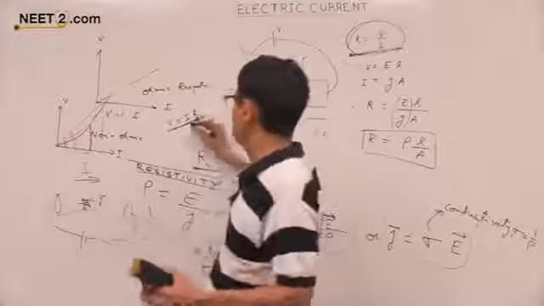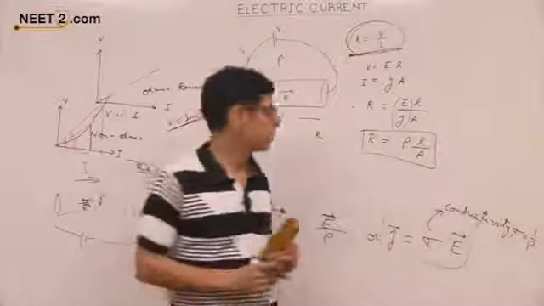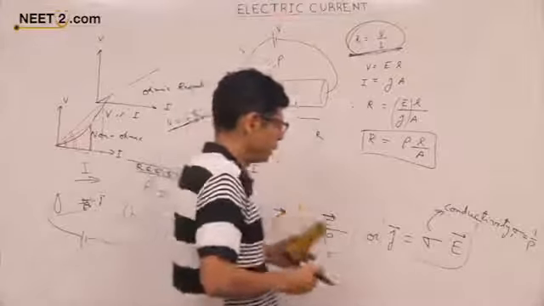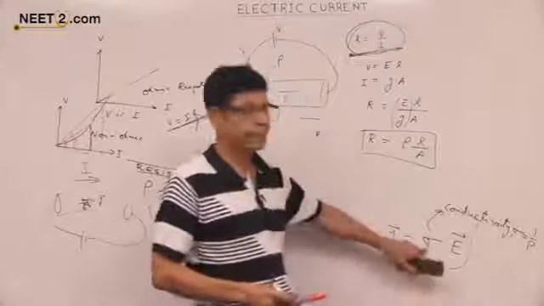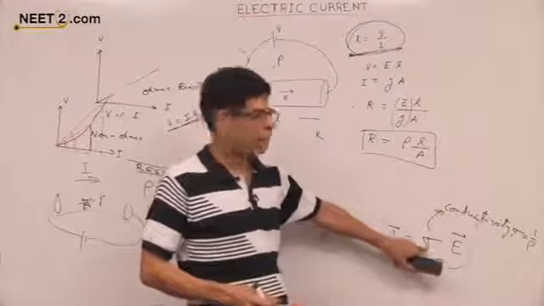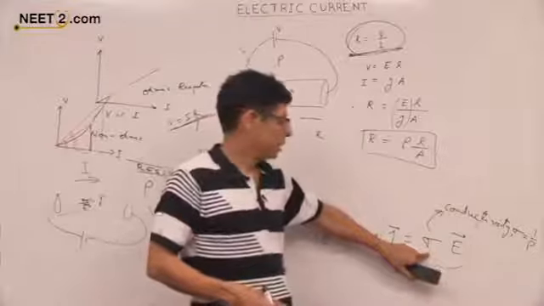Ohm's law says V is equal to IR and R remains constant, in other words. Similarly, this is also Ohm's law, J is equal to sigma E, but with the insistence that sigma remains constant, that is, the conductivity remains constant.